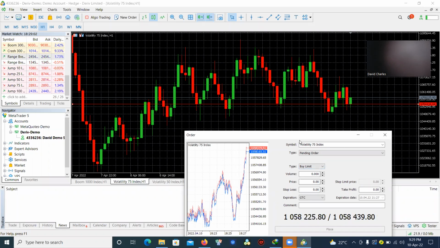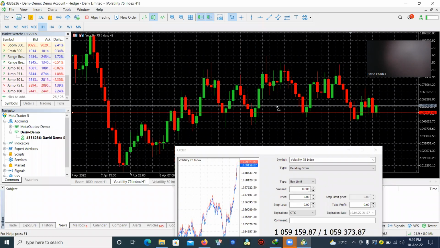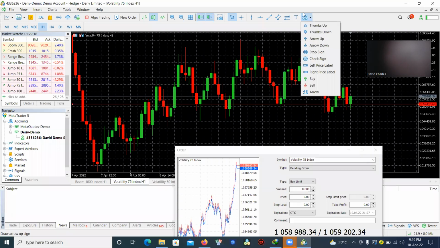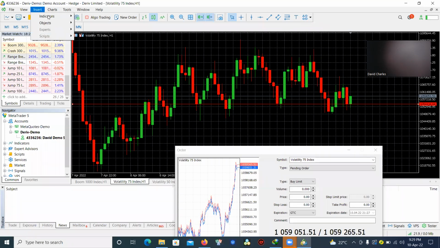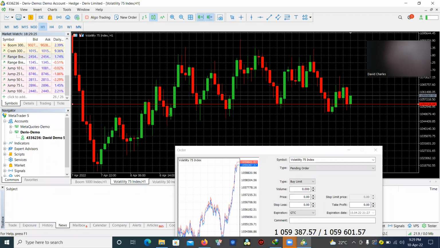The buy limit is where, let us look at price. An example would be somewhere like here.